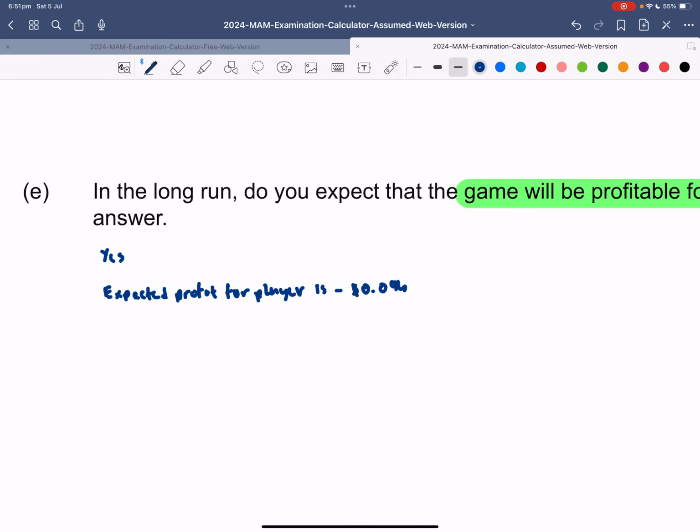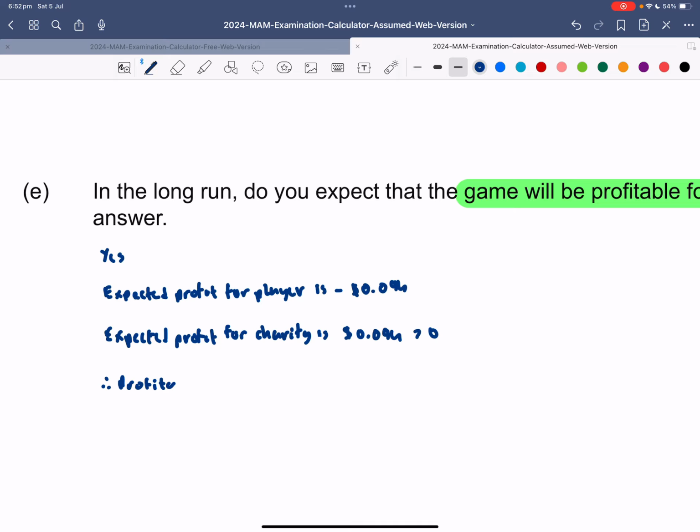So therefore, the expected profit for the charity is positive 0.094 per game. The expression is positive 0.094, which is more than 0, therefore profitable for the charity.